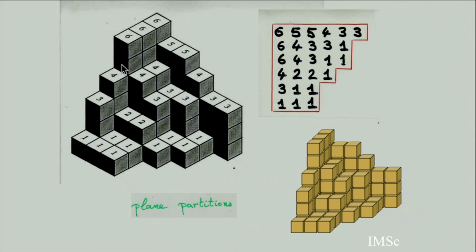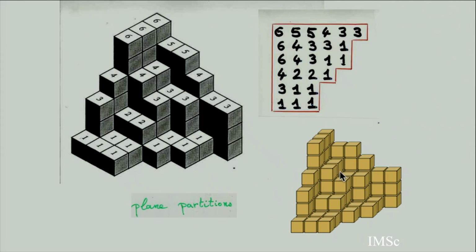You have a certain pile of cubes here, and the projection of this pile of cubes is exactly this Ferrers diagram. Above each cell of the Ferrers diagram, you put how many cubes are on top of this cell. So here there are 6 cubes, 6, etc., 4, 4, and this is a coding of such a 3-dimensional Ferrers diagram, the analog of the 2-dimensional Ferrers diagram.